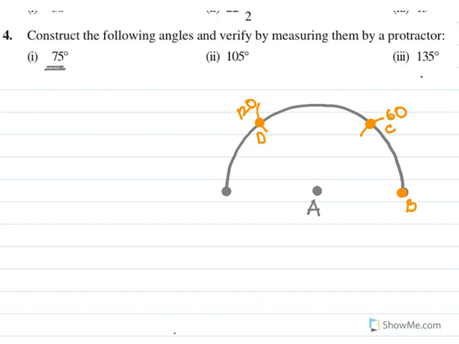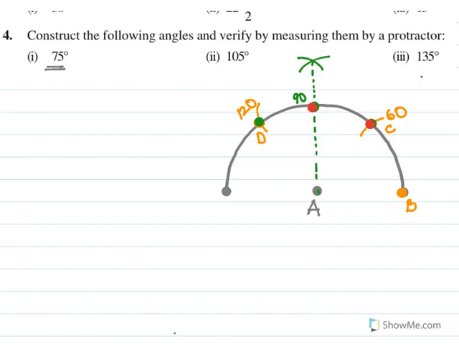Now when we bisect 120, which means we keep the compass at these 2 points and we draw the arc. Here what we get, this point here will be 90 degrees. Now what would happen if we were to bisect 90 and 60?